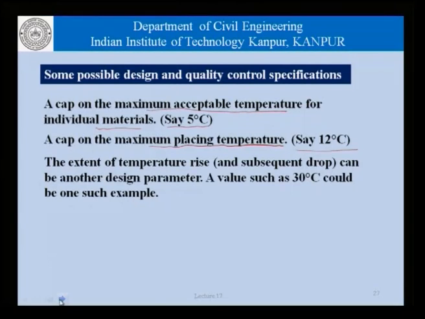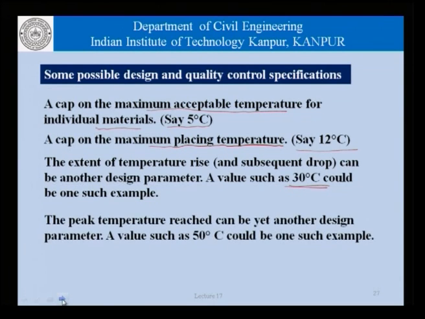Continuing this discussion, we can put a maximum on the extent of temperature rise and the drop as a design parameter. A specification can say that no more than 30 degrees centigrade or no more than 25 degrees centigrade of temperature rise or fall should be allowed. Whatever means need to be taken have to be adopted.